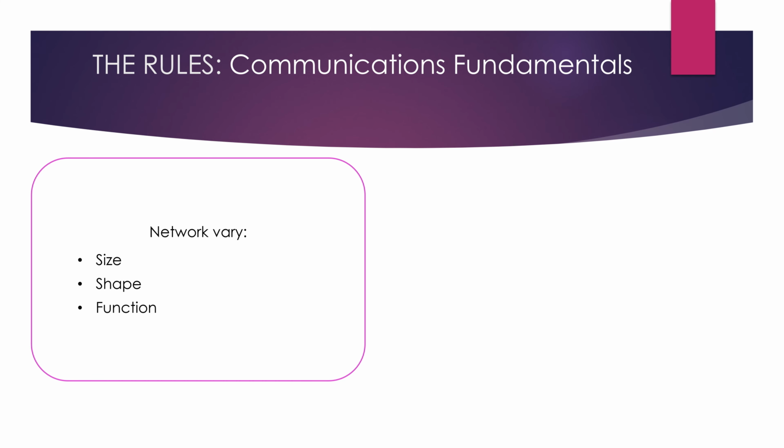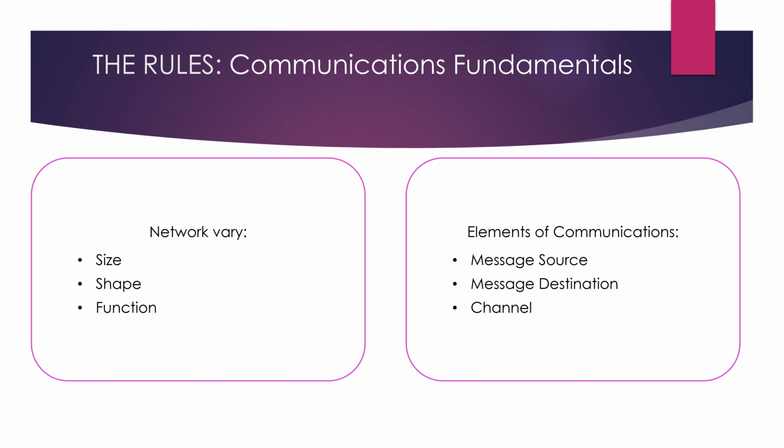For example, people exchange ideas using many different communication methods. However, all communication methods have three elements in common. They have the message source, where the message source is people or electronic devices that need to send a message to other individuals or devices.